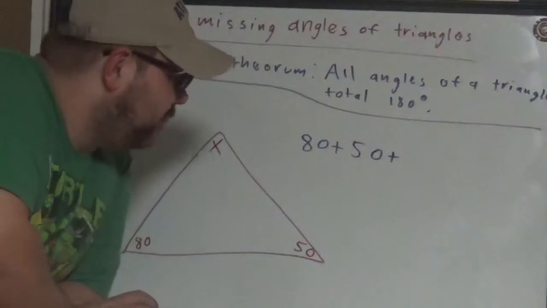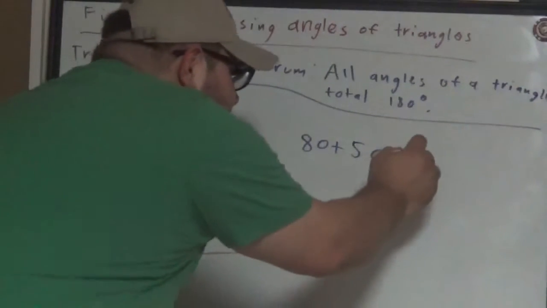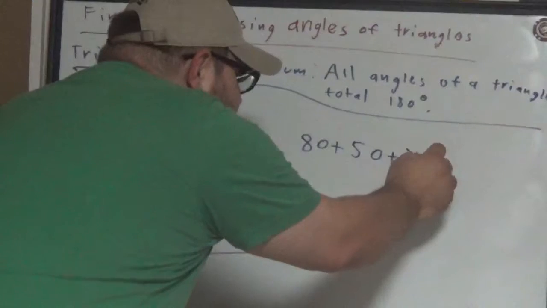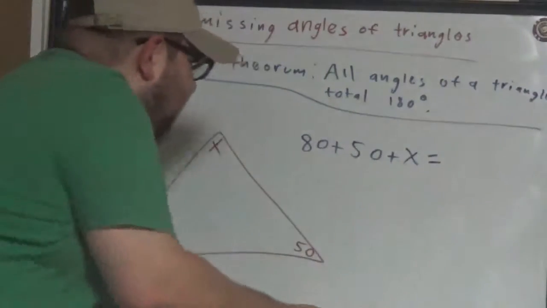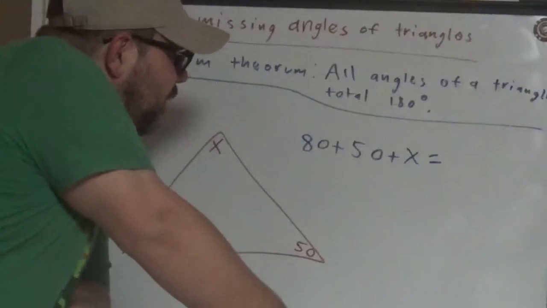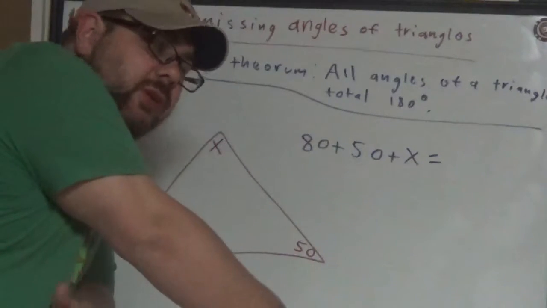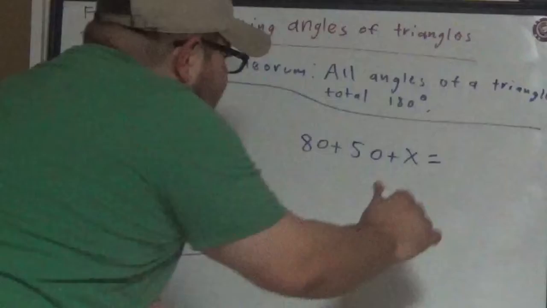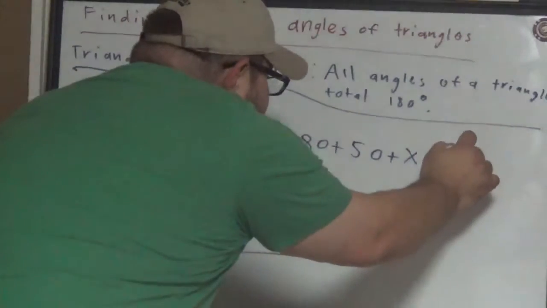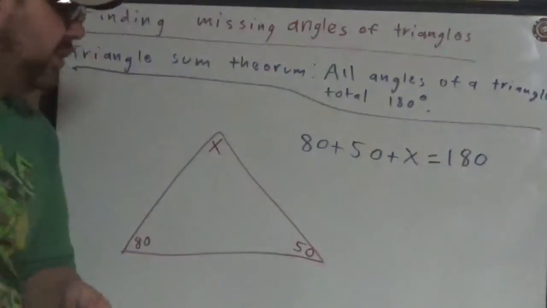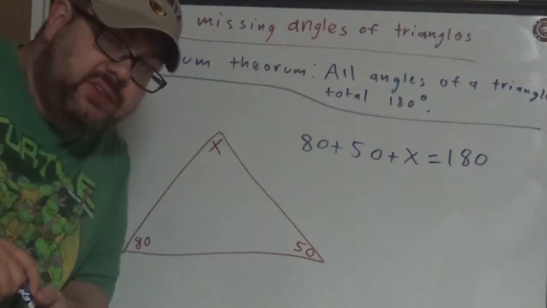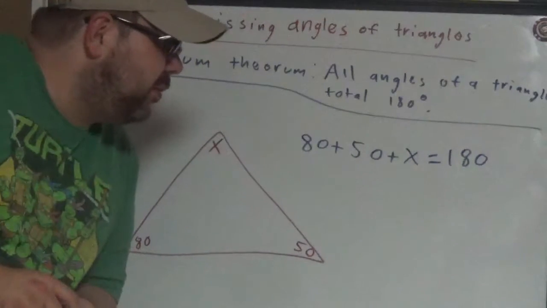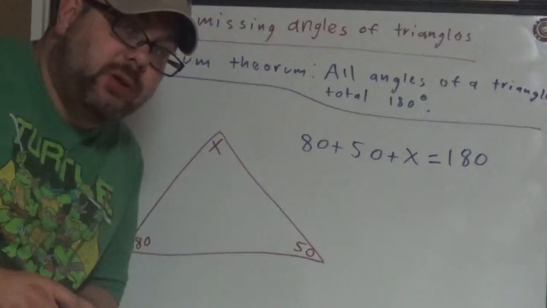It's x. I'm going to put plus x equals. Well, what are they supposed to equal? Oh yeah, 180 degrees. So we take our three angles, add them up, and set them equal to 180.